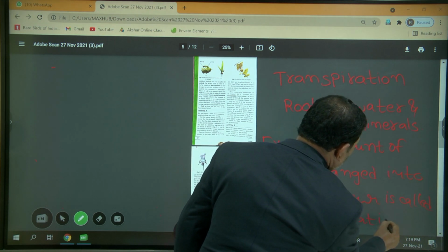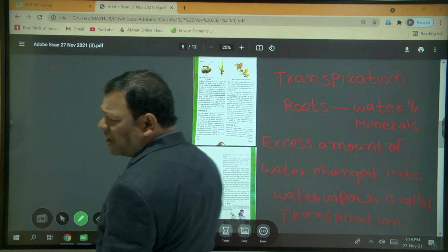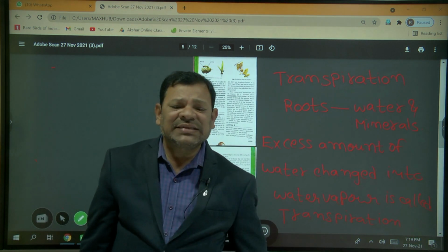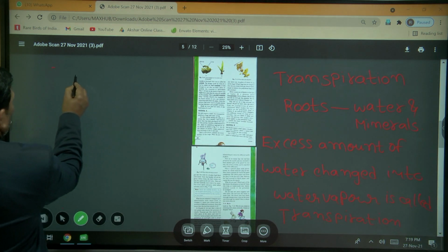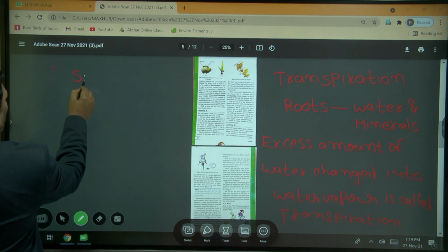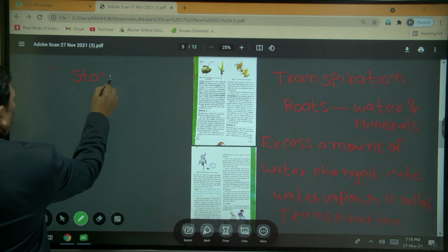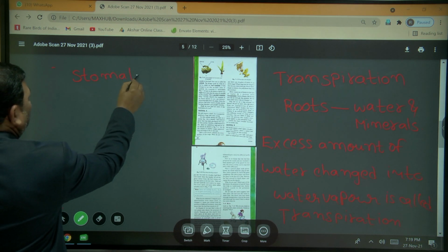So which organ does transpiration? Actually in plants, gas exchange takes place especially through the stomata. What is that? Stomata.